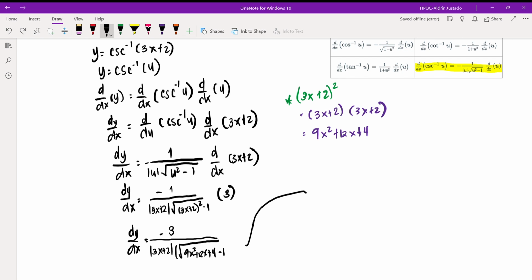So, simplifying, we'll have dy over dx equal to negative 3 all over absolute value of 3x plus 2 times the square root of 9x squared plus 12x plus 3. This is your final answer.